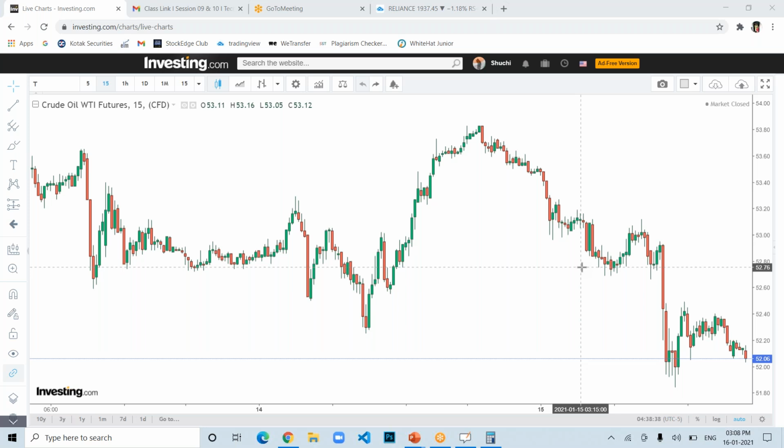So tomorrow I will be discussing one long-term investment strategy, one crude oil strategy, an intraday crude oil trading strategy, and we will discuss some normal charts like Nifty and Bank Nifty. Any other questions?